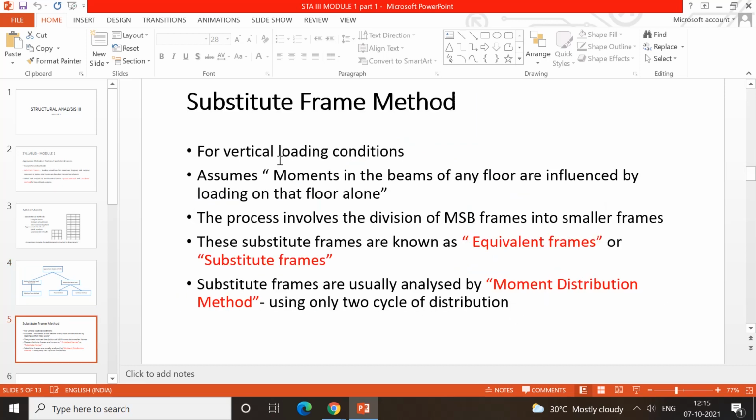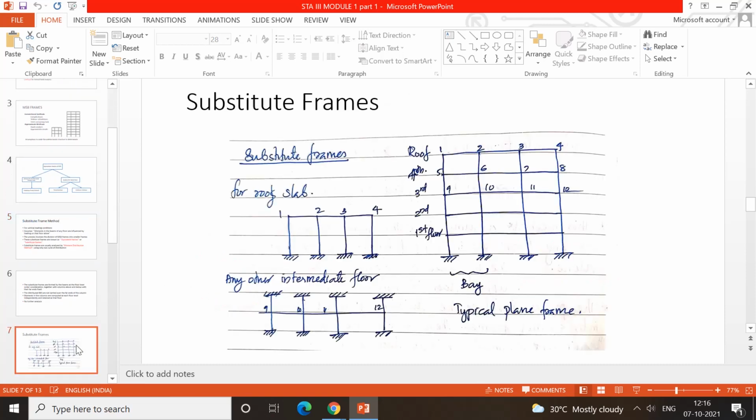And when you come to the substitute frame method, you have to divide the multi-story building frame that you have into substitute frames like this. If it is a roof slab, you can have the substitute frame like this, and if it is for an intermediate floor, you can have the substitute frame like this. You have to formulate the substitute frame by isolating the beams at the floor level considered and the columns above and below with their far ends fixed.